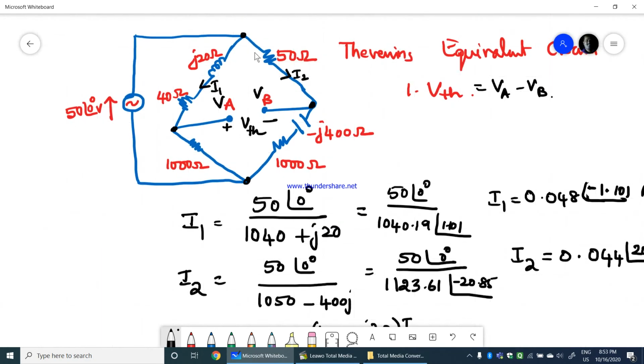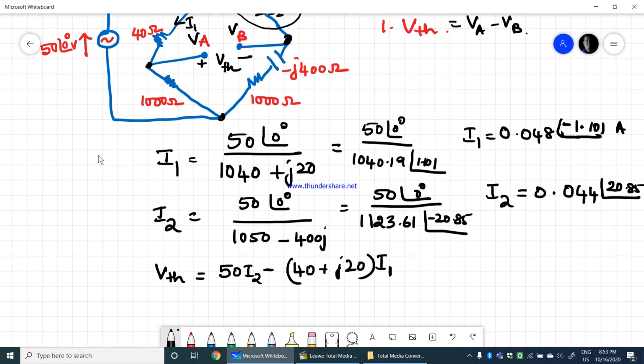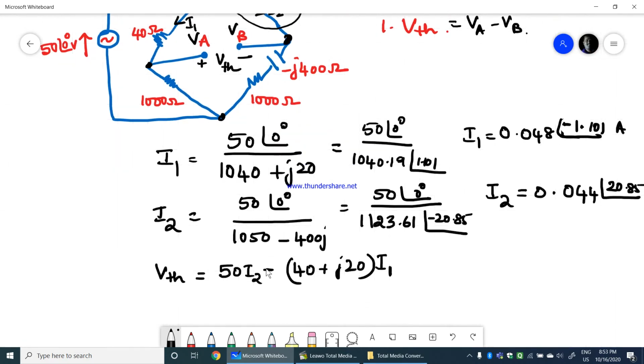Here 50 into I2 is the voltage from here to here, and I1 into 40 plus J20 is the voltage here.